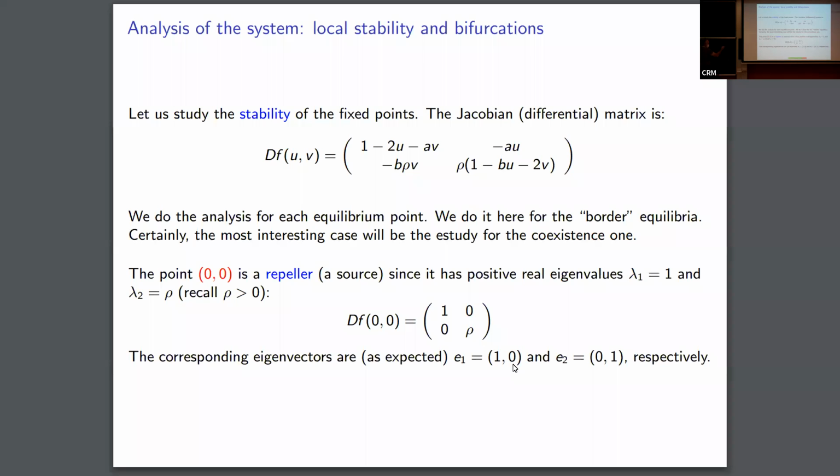So this goes faster in this way than in this way. This means orbits will become of this form, tangent to the slow manifold. So you have an idea what's happening just close to this point. And you do the same for all the points. Okay, this is the typical way you get local information.